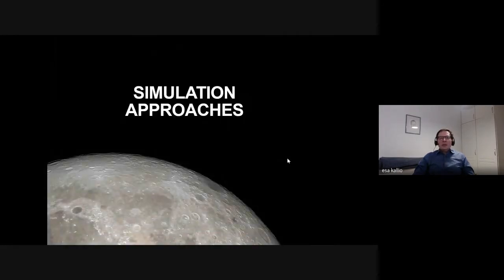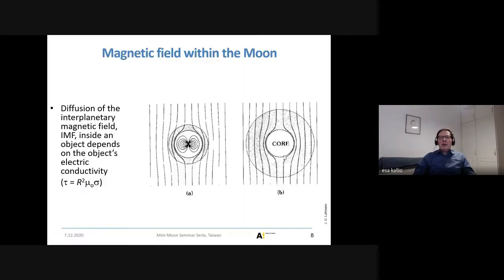So this gives something briefly about the moon-like interactions. And maybe I will come back to this, because from the simulation point of view, I will come back to that later. When I tell, for example, about the hybrid model simulations, we are also modeling the interior. So we are not only modeling the region outside, but also inside.